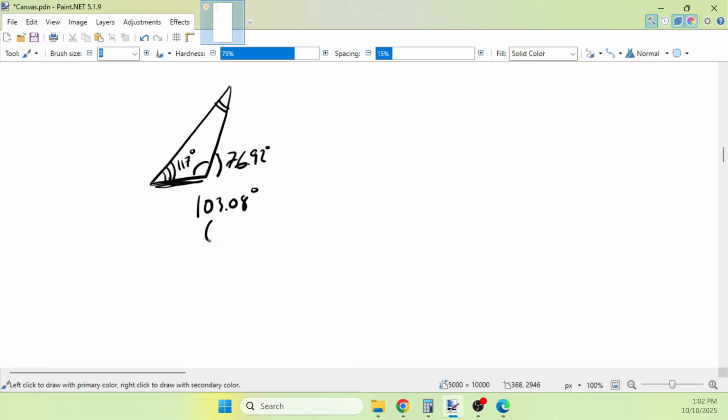If we add these together, we get 178, and that means that this angle at 103.08 plus the other angle, two of the angles, the third one has to make it add up to 180.